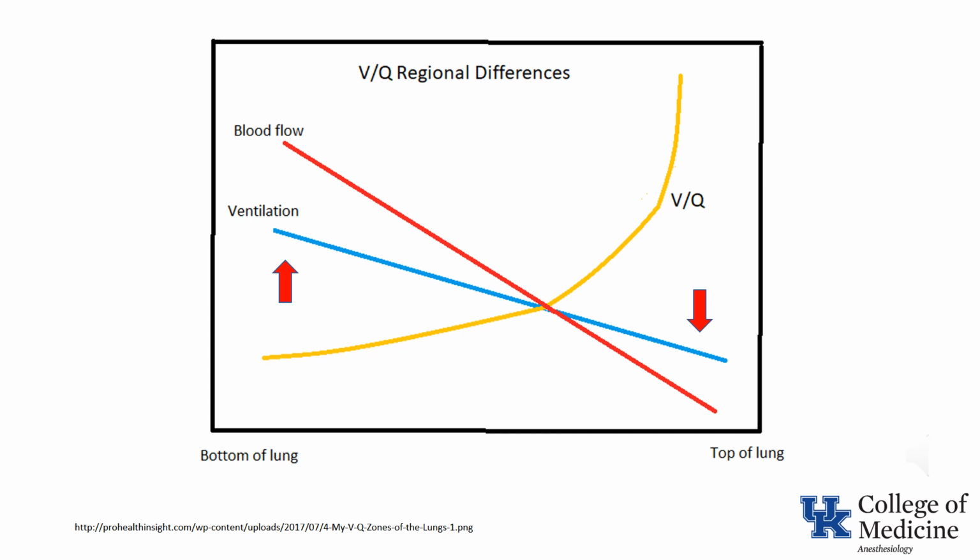Now I'll step back down off my soapbox and describe how ventilation and blood flow are matched in the lung. This graph represents the changes in both ventilation and perfusion throughout the lung. Notice that, as previously described, both ventilation and perfusion are greatest at the base and least at the apex.